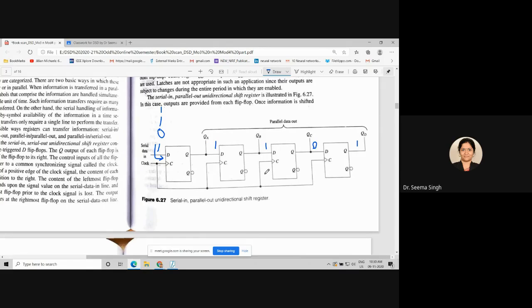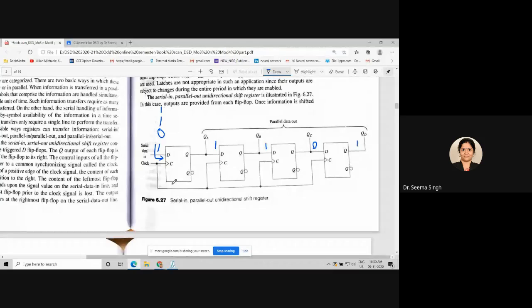So I will give you the answer. The flip-flop is required because I want control over the data flow. If you directly connect Q and D without any control, the data will be permanently available from Q to D. But I want it with my control clock signal.